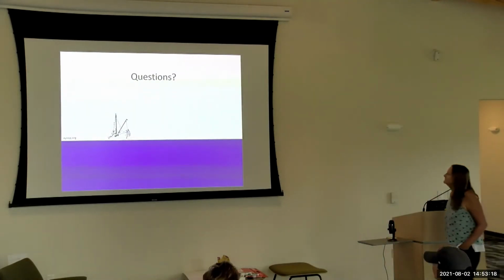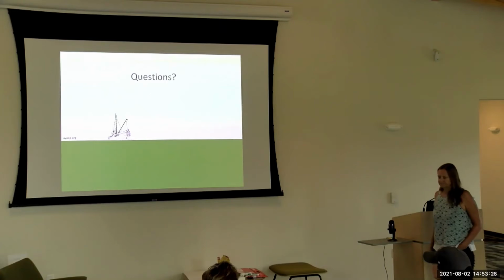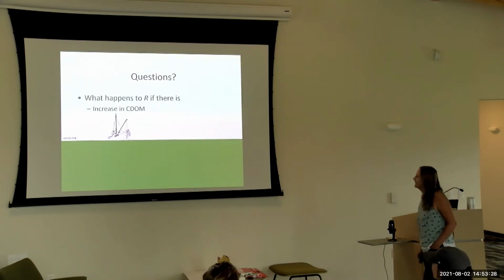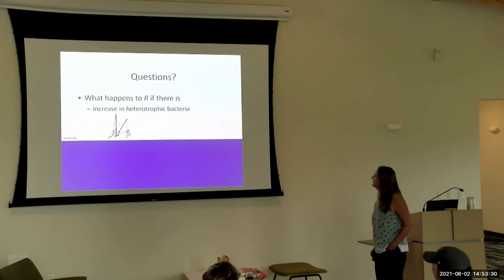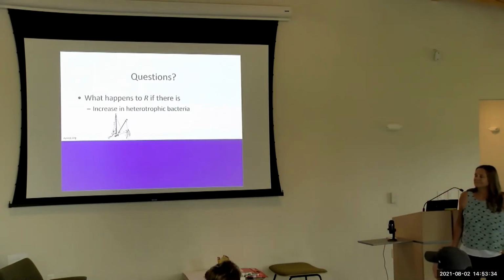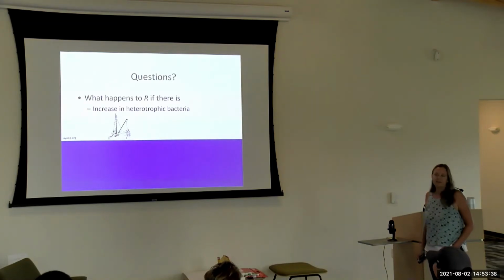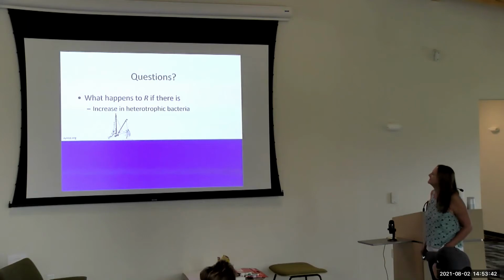All right. So again, what's going to happen to R as I add CDOM? Darker and greener. Okay. What's going to happen if I add heterotrophic bacteria? Yeah, they don't have pigments. They might have a little non-algal particle absorption, but it will be small relative to their scattering.